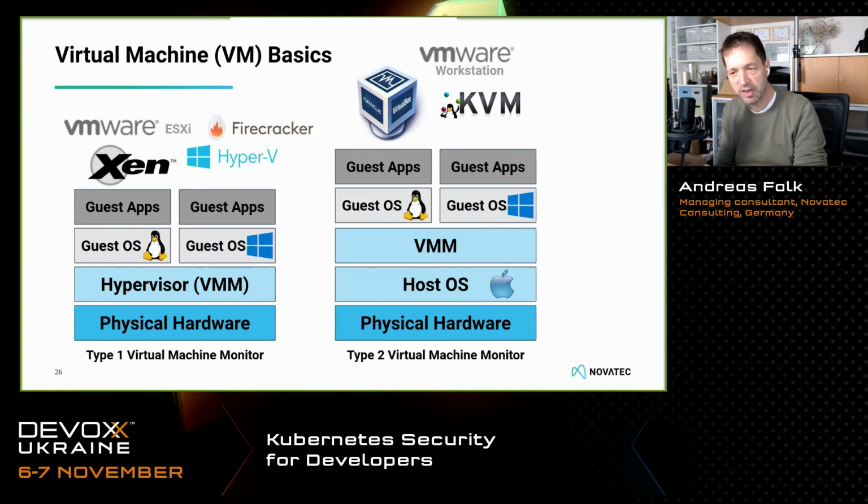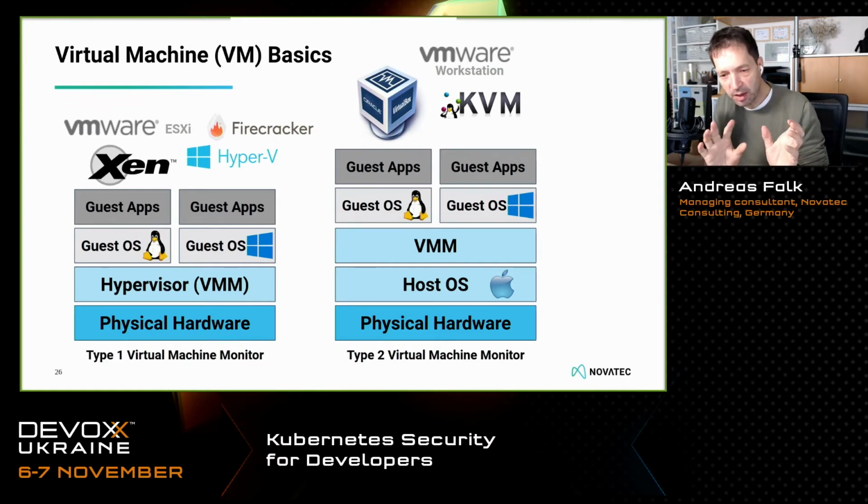We will see that in the next slide. Above that virtual machine monitor, you have your different guest operating systems and your guest applications. Prominent examples are VMware Workstation or VirtualBox by Oracle, which are typically products that run in that type 2 fashion.